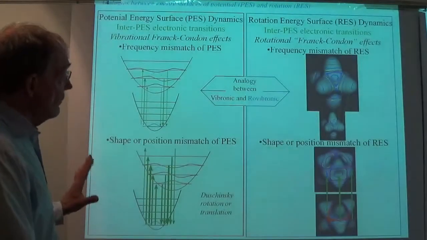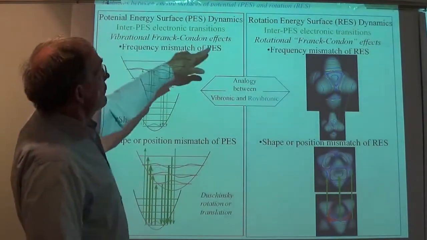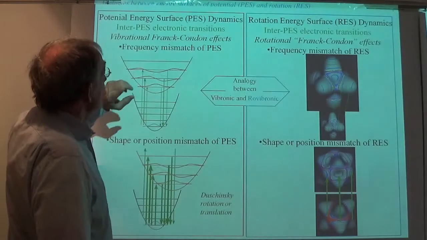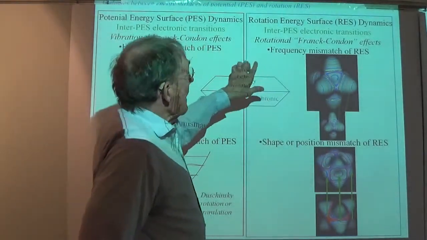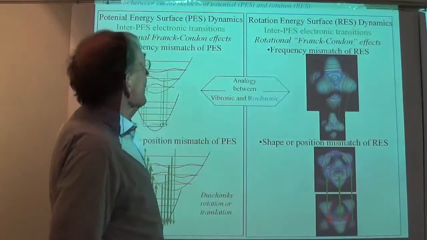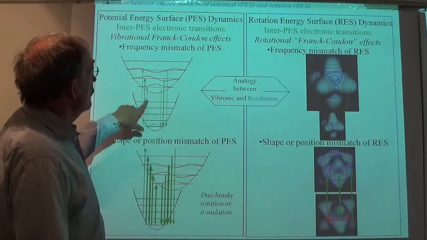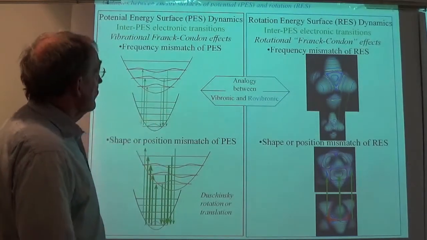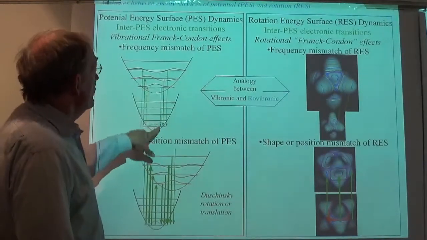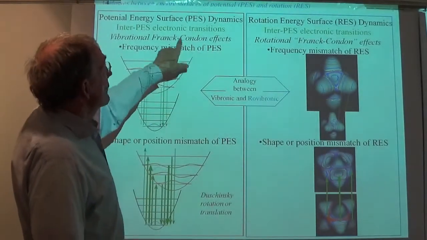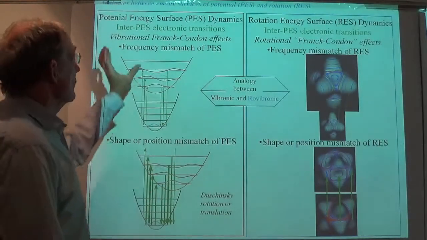Now, there are analogies between the electronic potential energy surface and all these funny effects that have to do with that, which have famous names attached to them. Franck-Condon, that's two famous names, working on what happens when you make a transition between one potential energy surface and another. If they're different in shape, then you get mismatch, and that causes Franck-Condon transitions that normally wouldn't be allowed if they were the same.